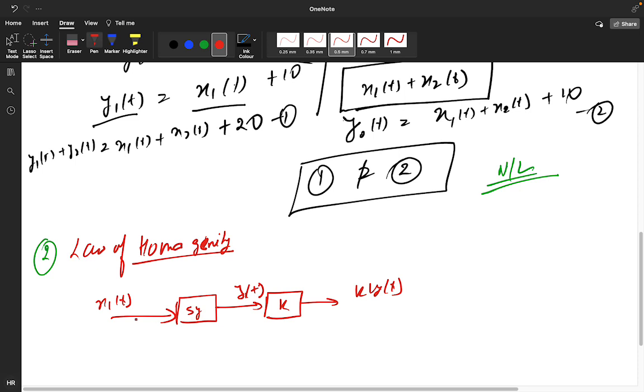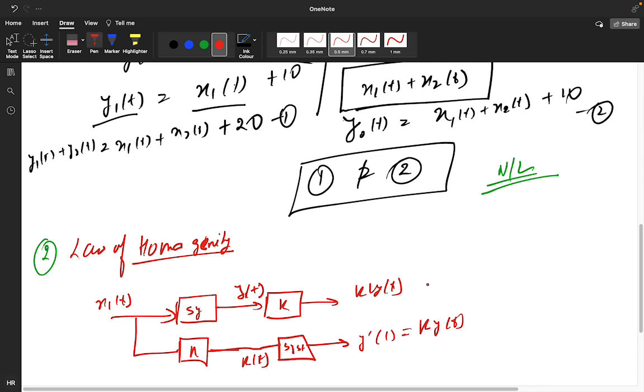Previously you multiply the input by k, so the input is k x of t, and pass it through the system. Then the output is y dash of t, and if it equals k y of t, then it is following the law of homogeneity.